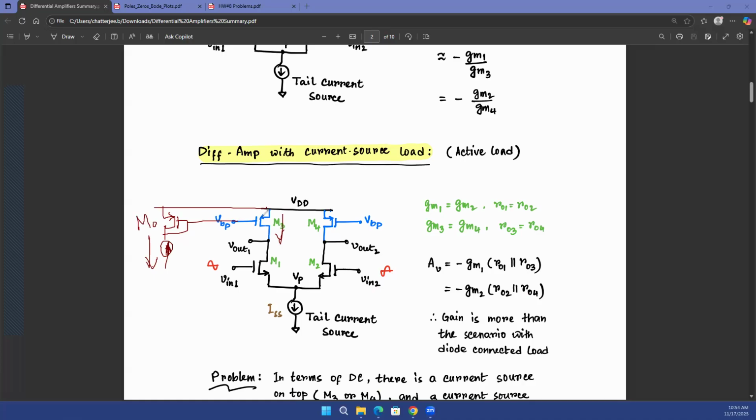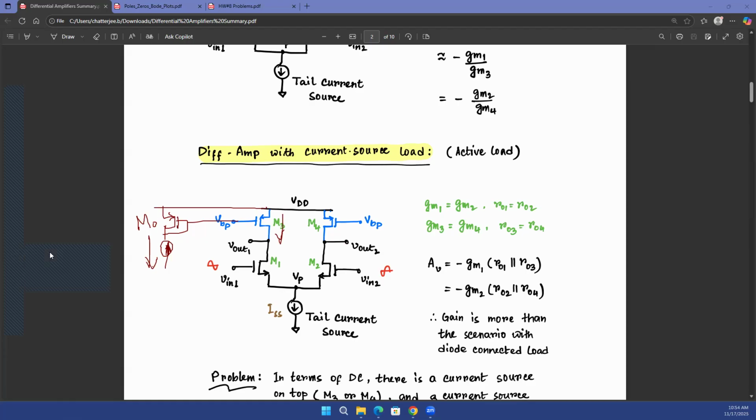So you can bias them using currents as well, or you could bias them using voltages. It's up to you. Generally, current biasing is much more stable because currents are less affected by noise in a circuit, whereas voltage gets affected by noise or voltage drop and so on. But that's one way of doing the biasing.